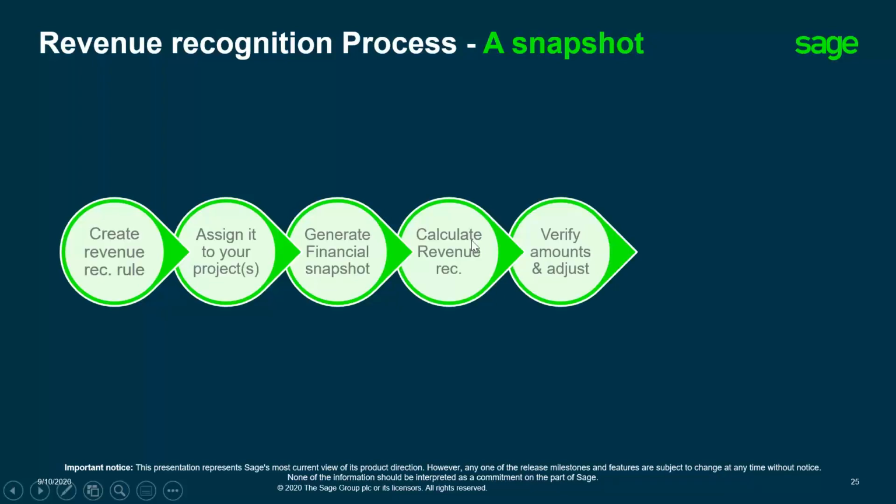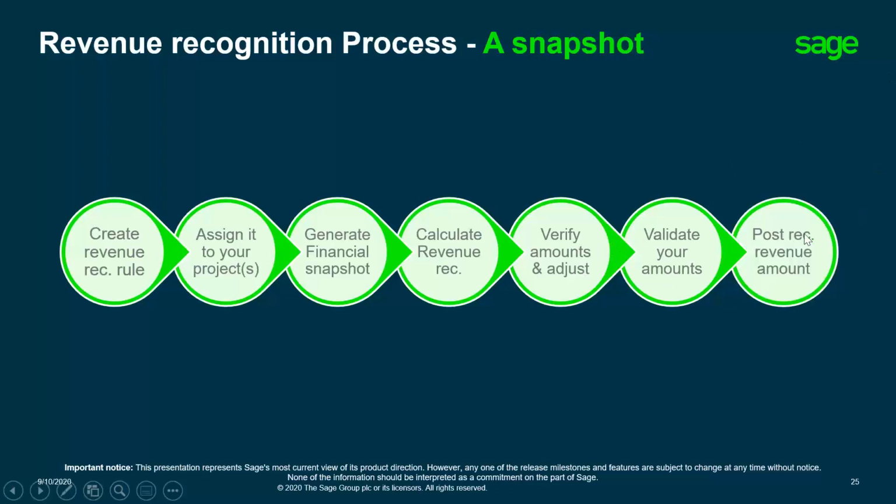Then once the calculation of revenue recognition is done, you are able to verify the amounts calculated by the system. And if you do not agree with the system, you can adjust manually. After that, you validate your amount, your calculation, your revenue recognition.